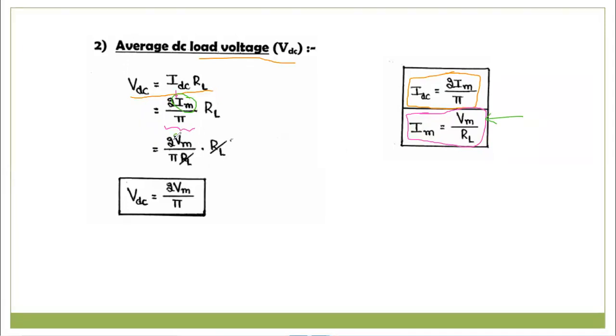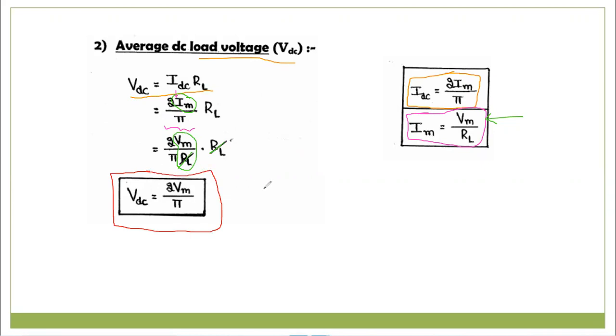Once we replace, we'll get an expression like 2 by pi times Vm by RL, where Im is replaced with Vm by RL. Then RL and RL get cancelled. Once they cancel, we'll get the final expression for the DC load voltage: 2 Vm by pi.